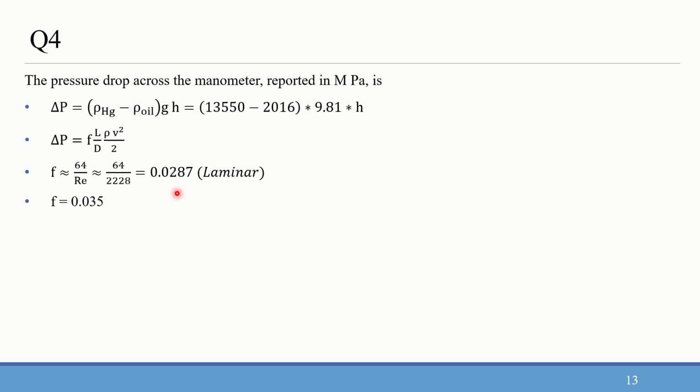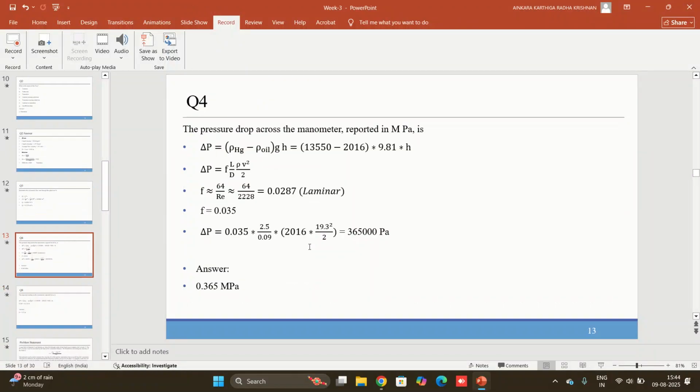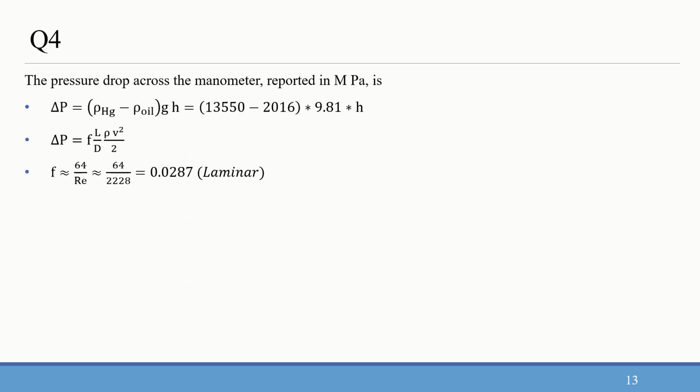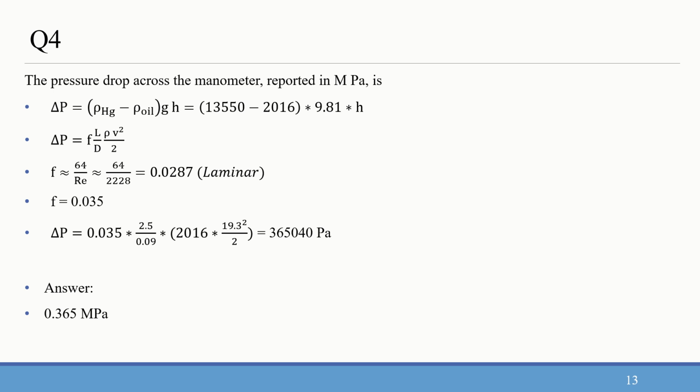Since we are in the transition regime, we are taking F as 0.035 and substituting it in the pressure drop equation: 0.035 into 2.5 divided by 0.09, and so on. So the answer will be 0.365 megapascal.